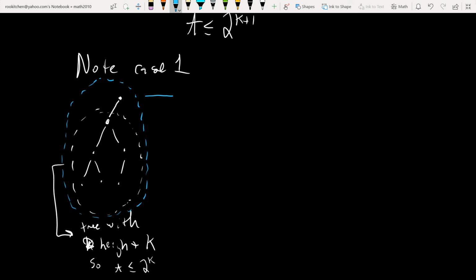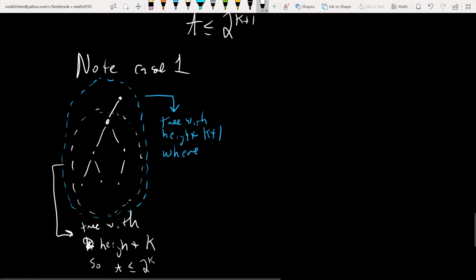in that case, this is a tree now with height k plus 1, where the number of terminal vertices t is less than or equal to, well, the number of terminal, we can work with that inductive part, right?